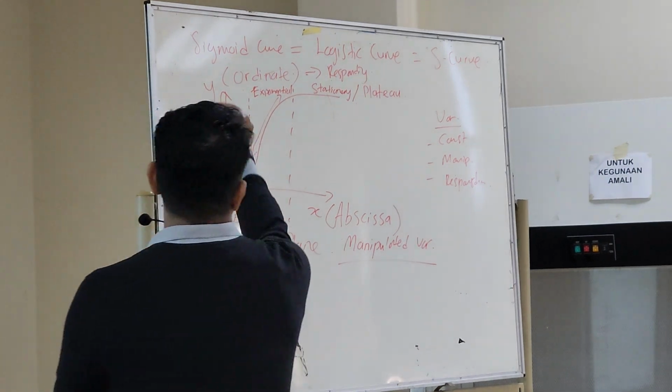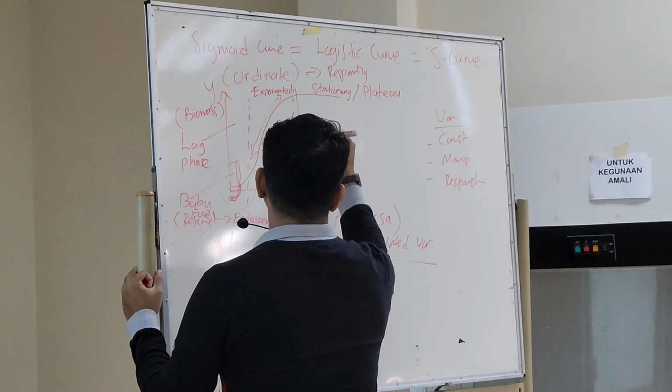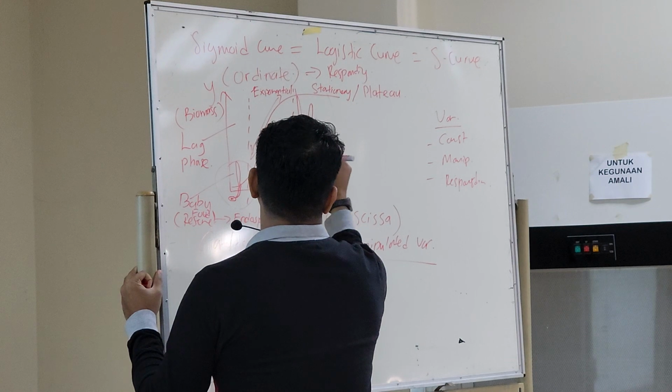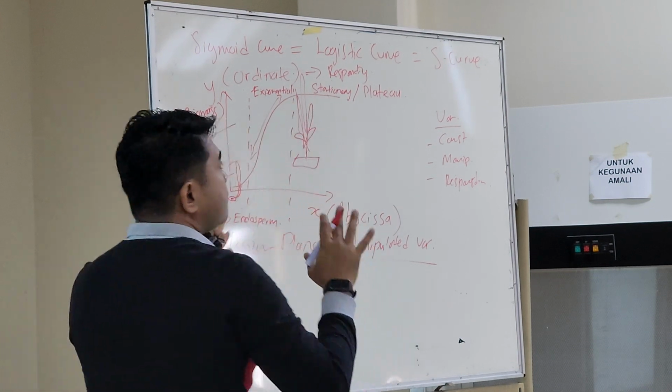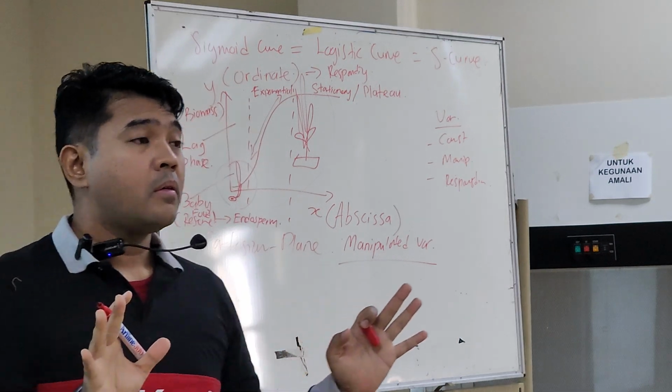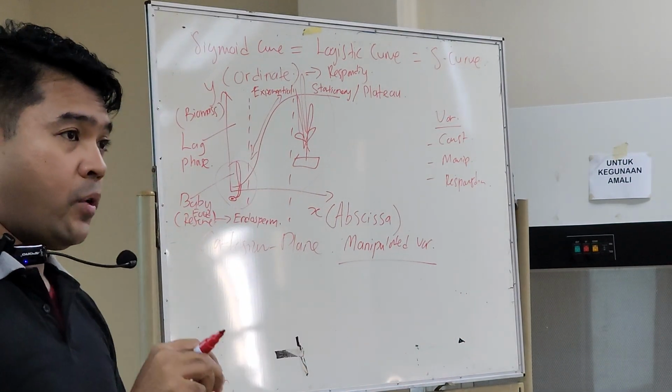However, as the biomass increases, the plant actually will start to experience limitation, probably in terms of size, or maybe due to genetic constraint.